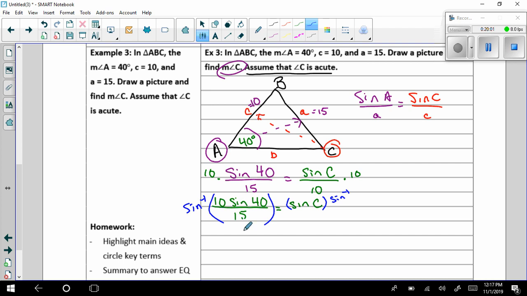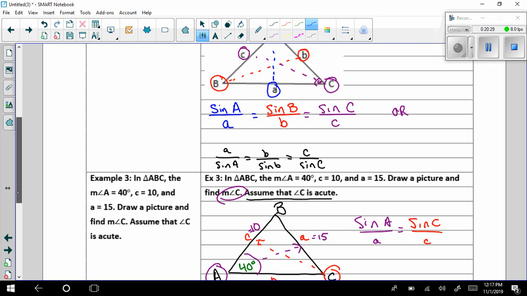So as long as I'm careful with parentheses, I'm going to type it in just like this, parentheses 10, sine 40, close parentheses, divide by 15, close your other parentheses, and get this decimal. Okay, so C is approximately 25.4.